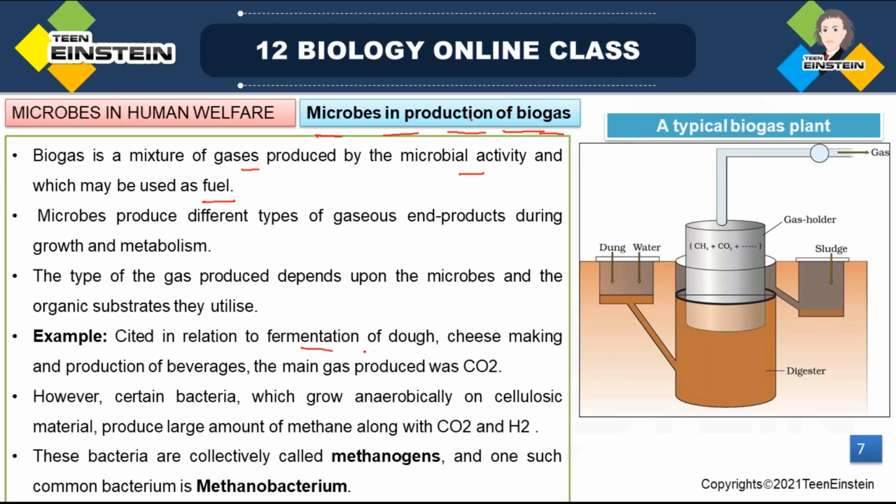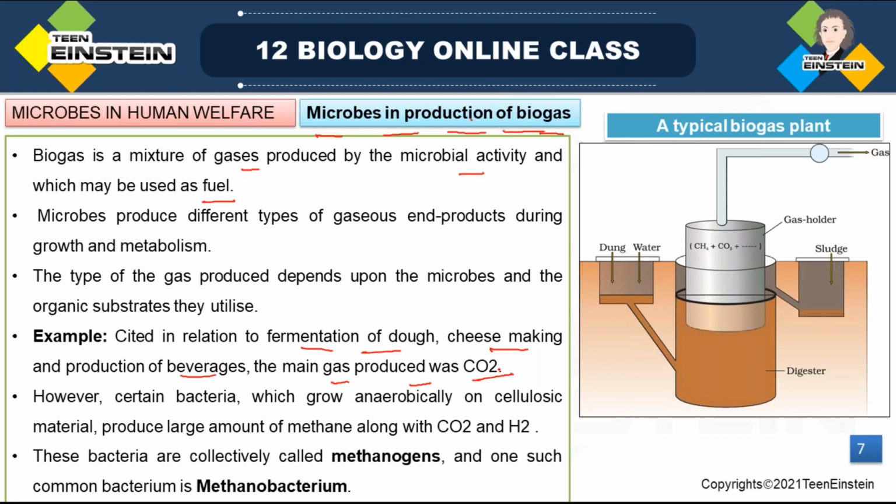Okay, so for example, fermentation of dough. In that dough, that is the substrate, and microbes are getting involved. Then cheese making, then production of beverages. In all this, the main gas which is produced is carbon dioxide.